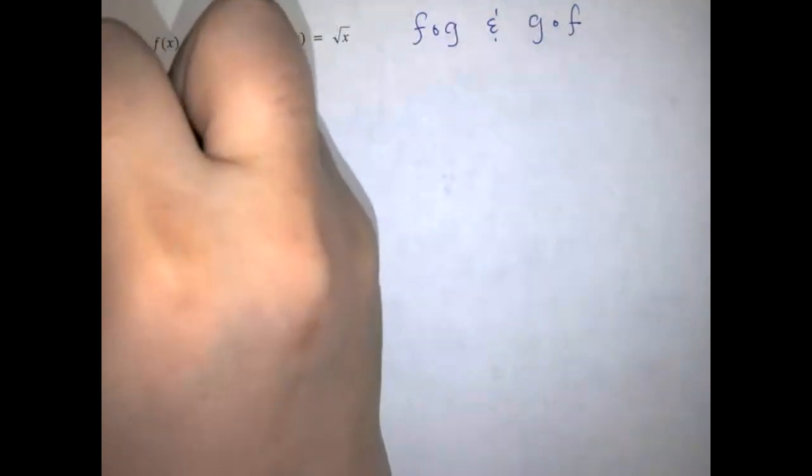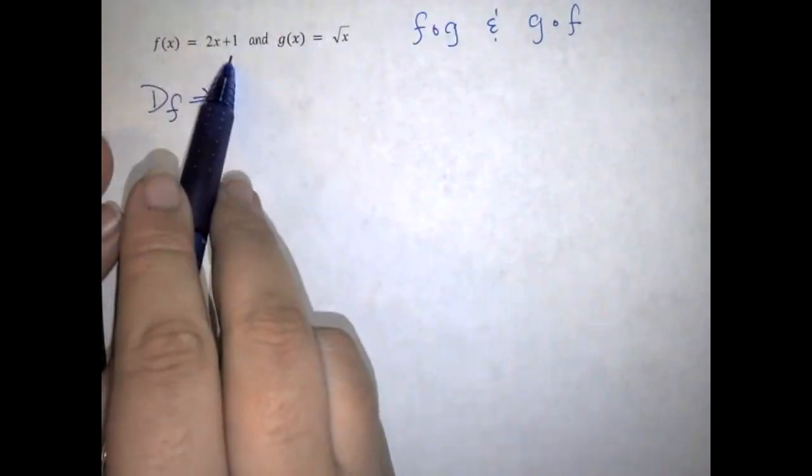Alright, the very last one that I wanted to look at real quickly is, well, what happens if we're given a radical? Okay, so again, we're going to find f of g and g of f. And we're going to go ahead and look at the domains of both. So first thing we need to do is look at the domain of f.